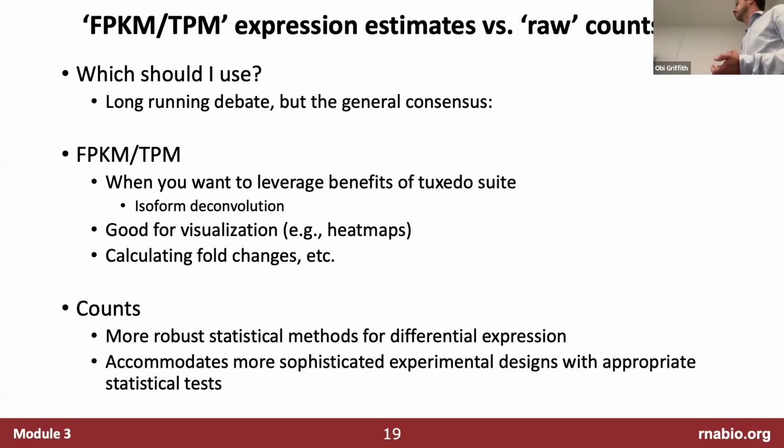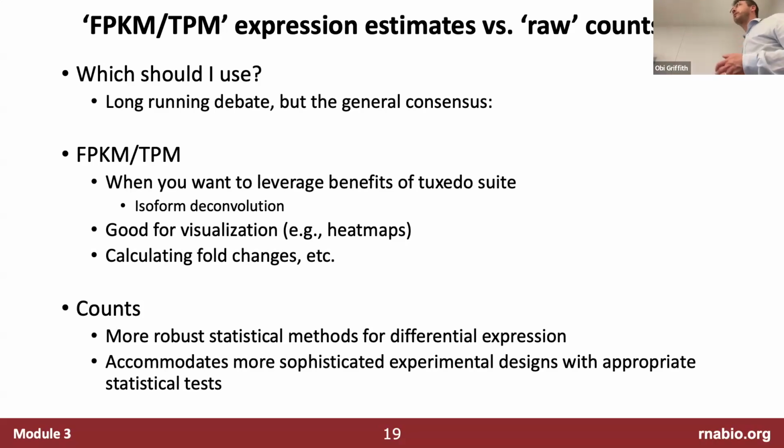This is kind of an internal debate. Should I use FPKM or TPM? Should I use raw counts? When should I use them? I'd say the general consensus is you use the FPKM or TPM values when, for one thing, you're wanting to leverage the benefits of something like the Tuxedo suite, like the StringTie transcript level estimation for getting you isoform level data. They also tend to be a little bit easier to work with for visualization.